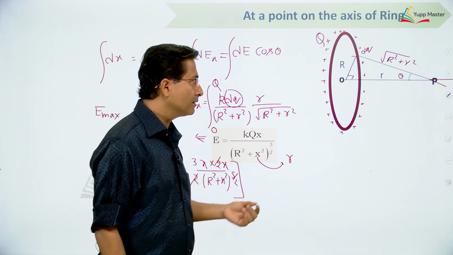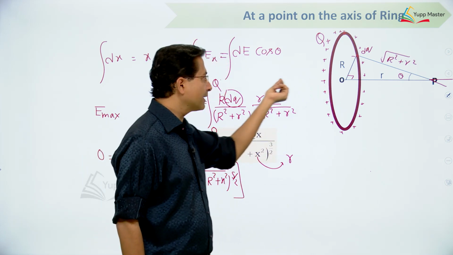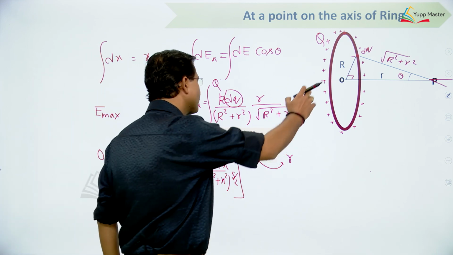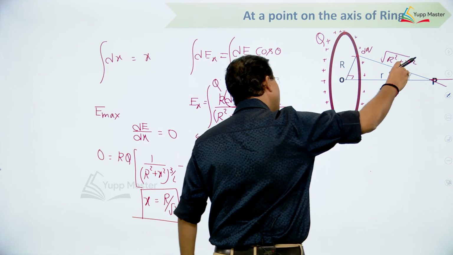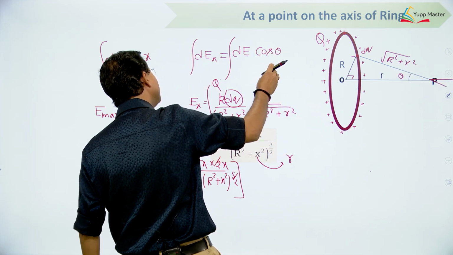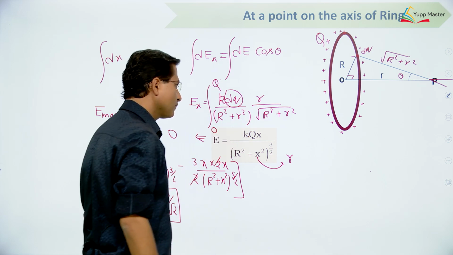Same thing will happen if you go in opposite direction. The only difference is when you are on this side of ring, field will be away from distribution like this, and when you are this side of ring, field will be away from distribution like this.